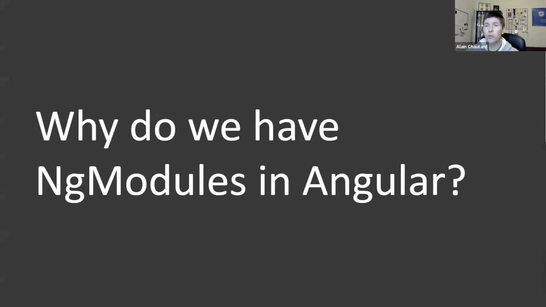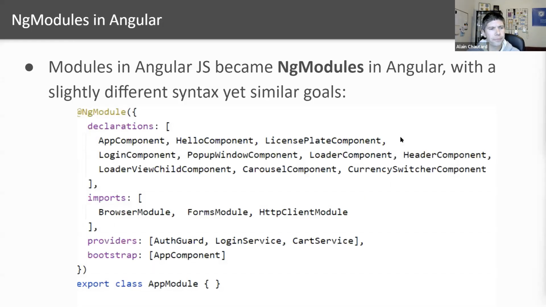Now, why do we still have them in Angular? Because now we have TypeScript, we have JavaScript modules, we have import statements, so it's easier to track where things come from. And if we look at NgModule in Angular, we can see that the purpose is really similar, right?